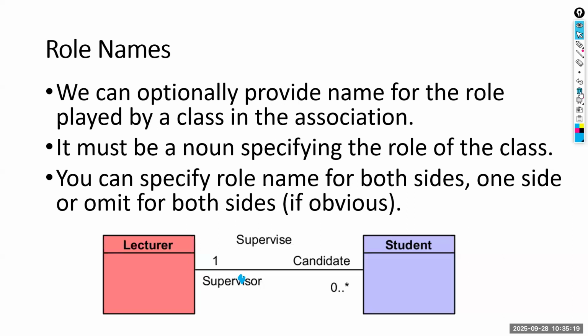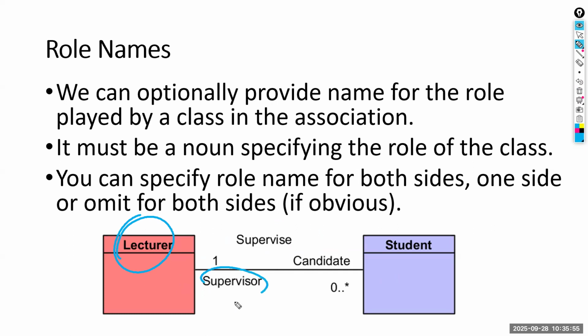As I told you, you can optionally have role names. The association name is somewhere in the middle, and role names are on either side. Sometimes you can have a role name on one side only, sometimes on both sides, but most of the time it's only one side. You can see there's an association between lecturer and student. Typically, lecturers teach students, but maybe this is a different story.